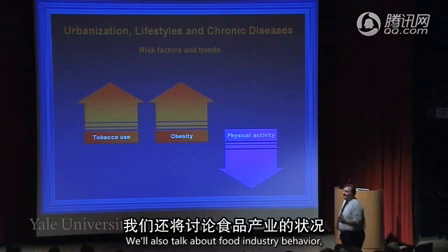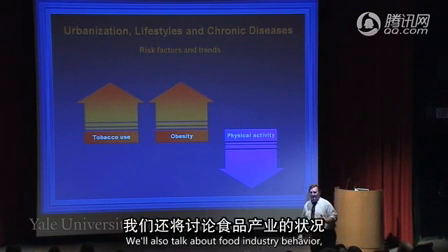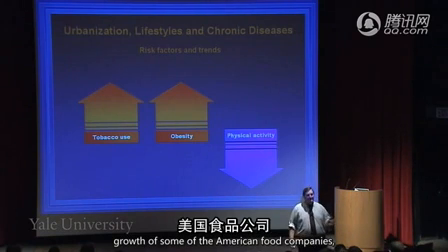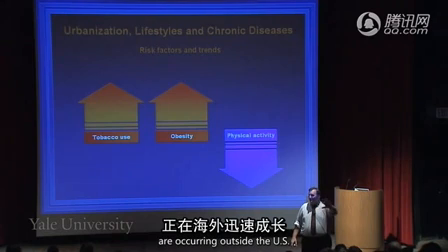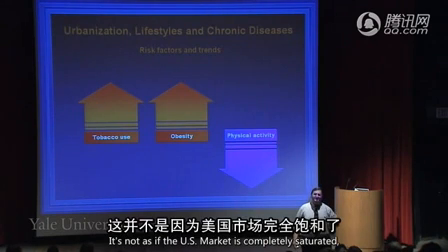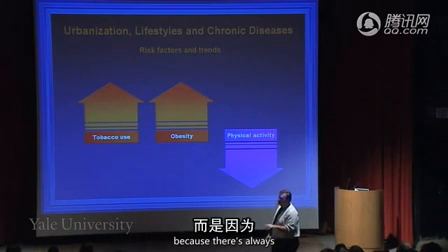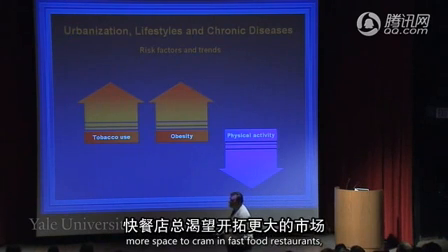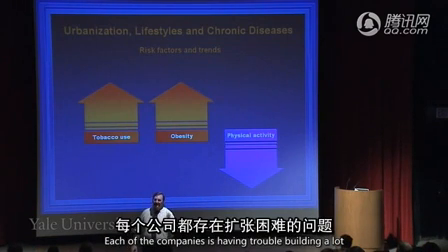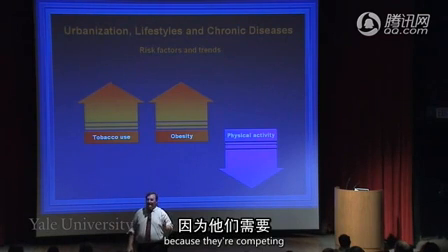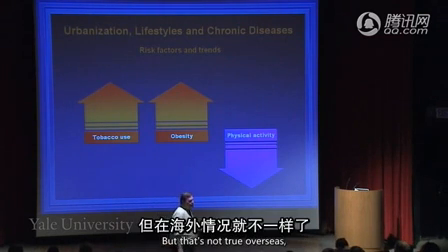We'll also talk about food industry behavior, because a lot of the growth of some of the American food companies, especially the fast food restaurants, is occurring outside the U.S. It's not as if the U.S. market is completely saturated, because there's always more space to cram in fast food restaurants. But we're probably approaching saturation, and each of the companies is having trouble building a lot because they're competing with all the other fast food restaurants. But that's not true overseas.